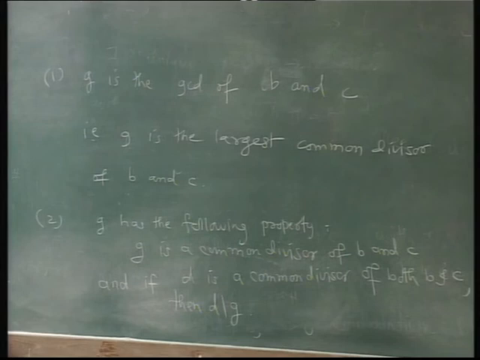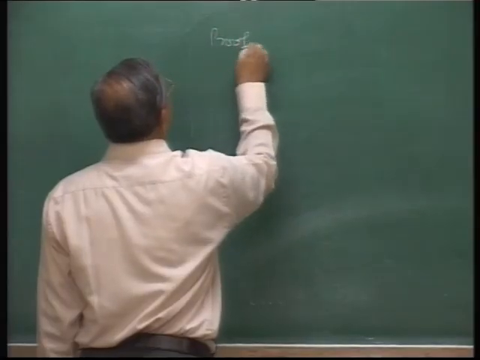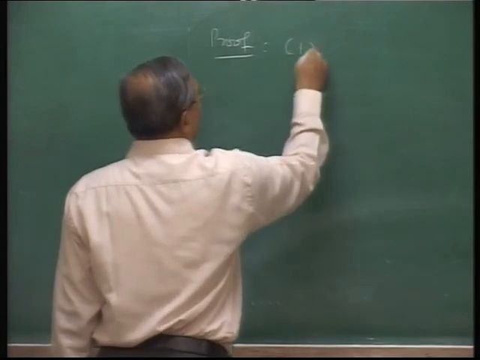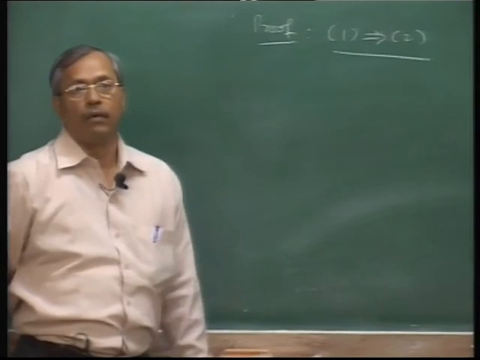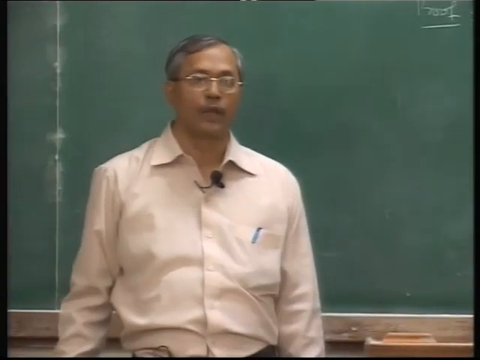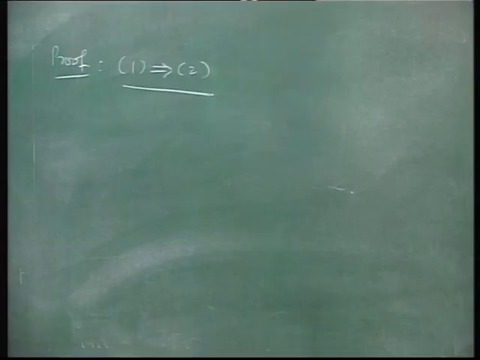So for this we use the result that we have proved just now, that the GCD is a combination of the given numbers. So proof: 1 implies 2. Suppose G is the GCD.